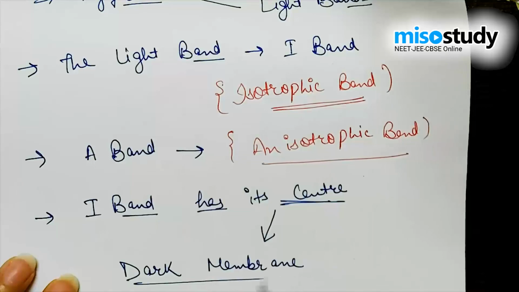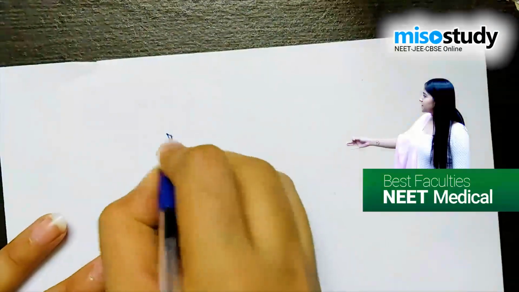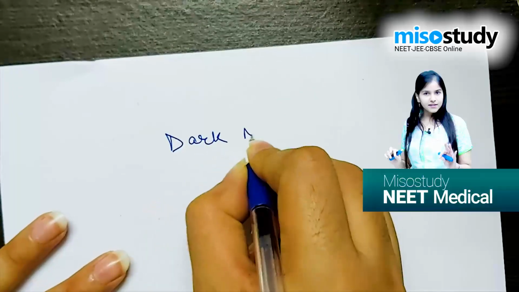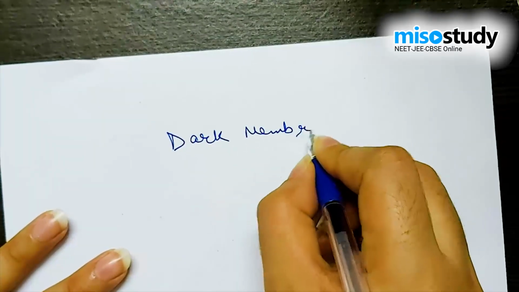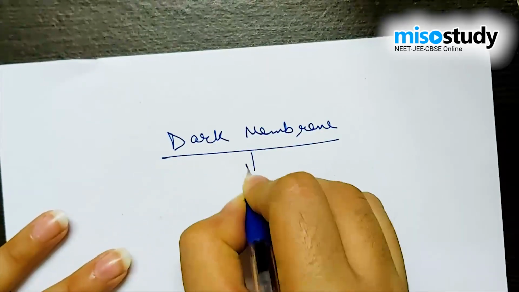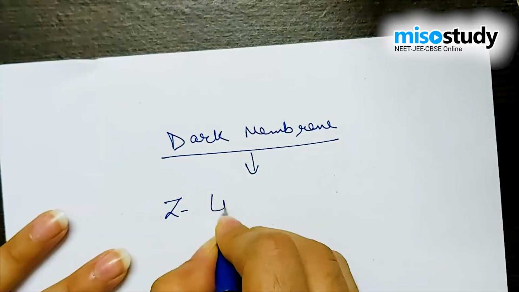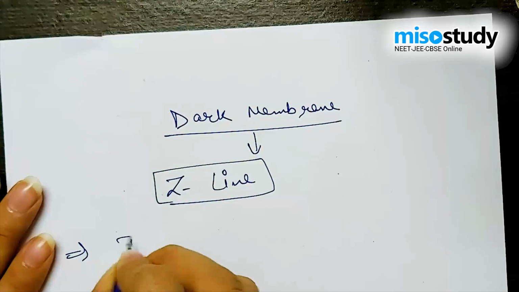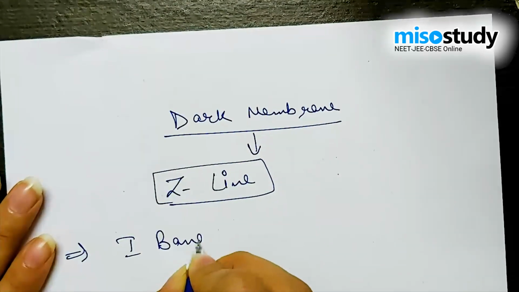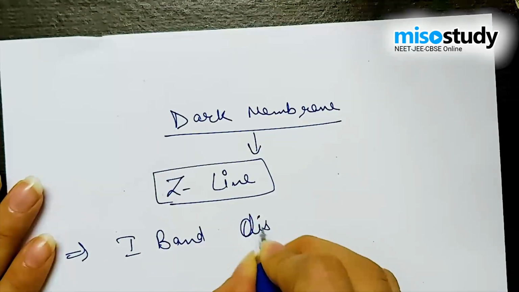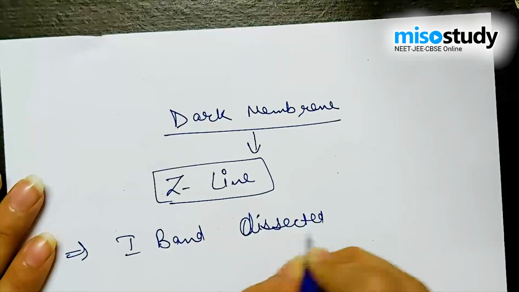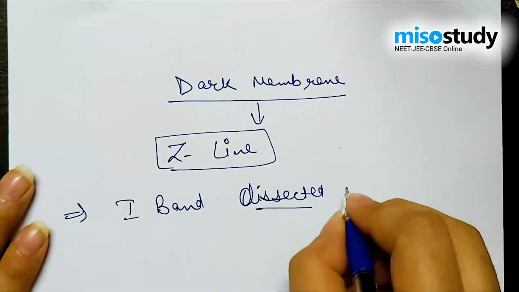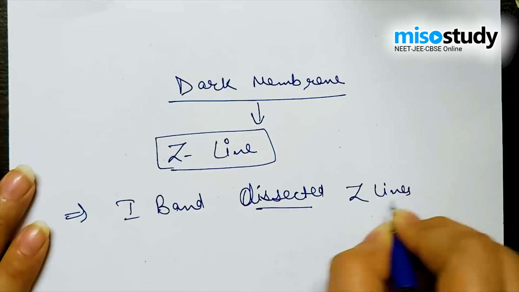These dark membranes are known as Z lines. So I bands are dissected in the center by the Z lines.